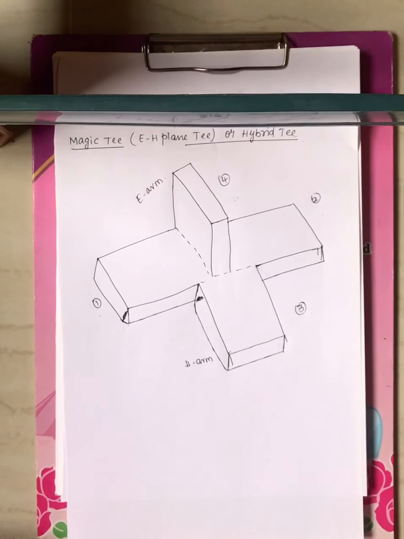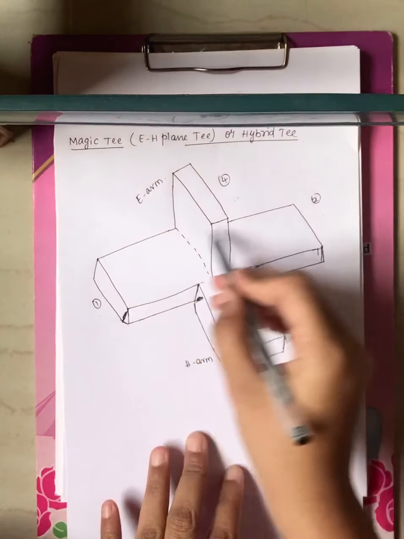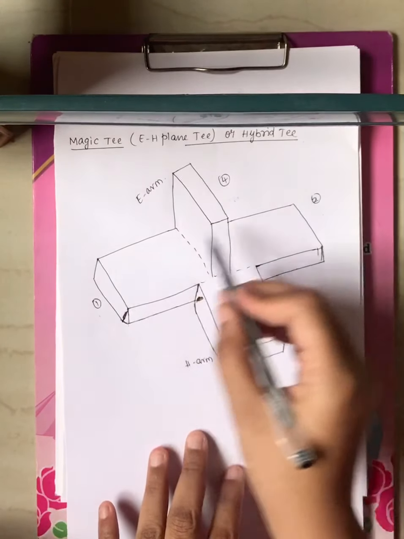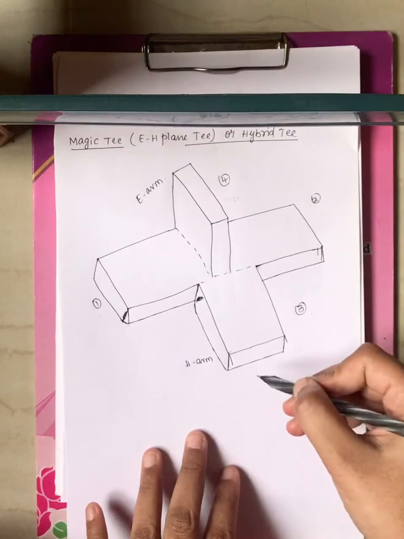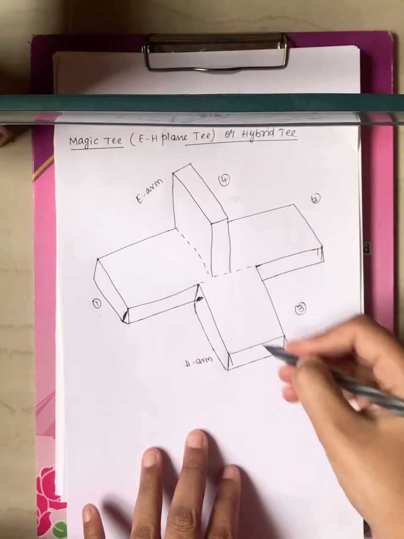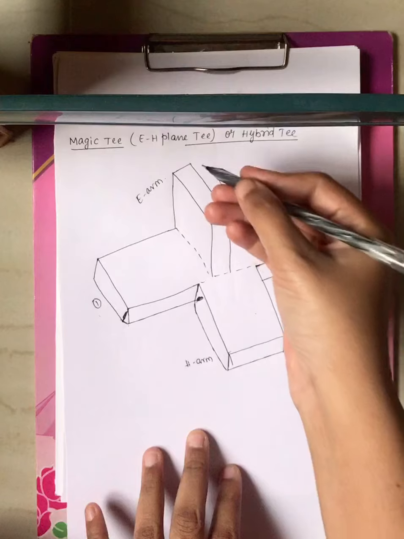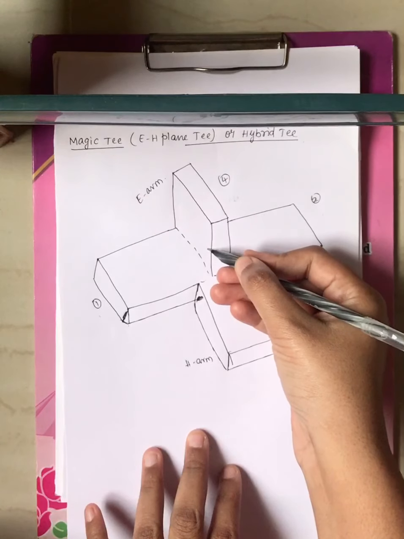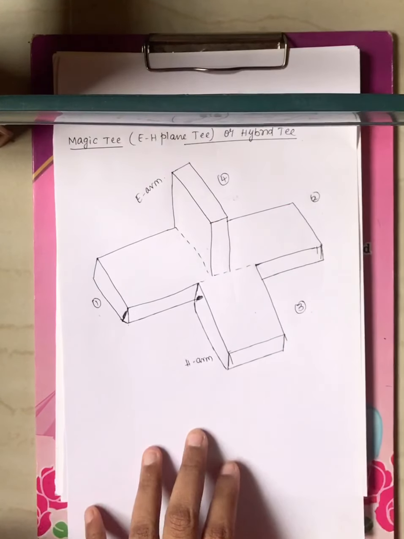Now let me explain the EH plane T property, which is a combination of the E plane T property and the H plane T property. If you see, this is your main waveguide. To this main waveguide we make a slot along its width, and we insert port 3, and we make another slot along its broader dimension, and we insert port 4.